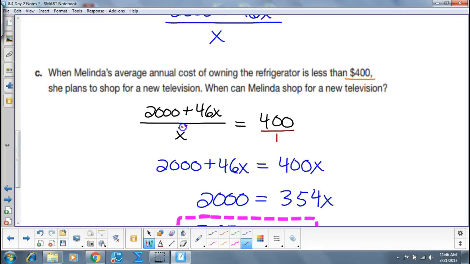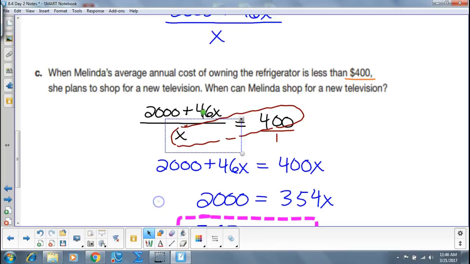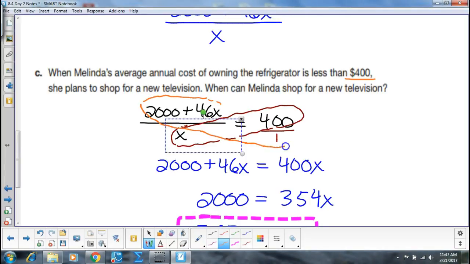So then I take that one and multiply it by that one, okay? Or I could have just multiplied both sides by x to get rid of the one, because there's only one fraction, okay? All right.